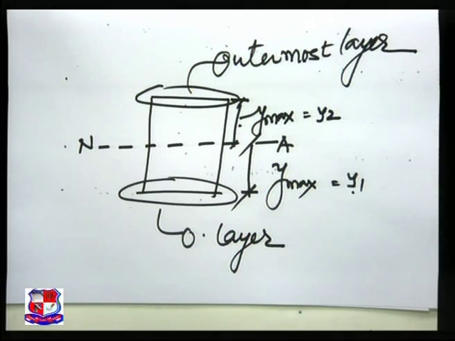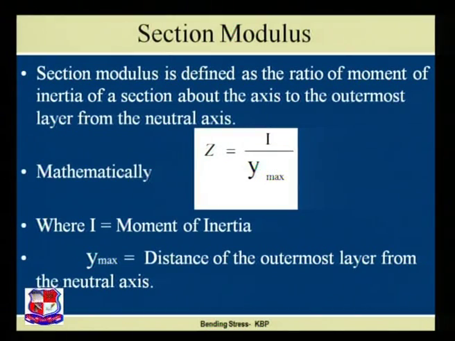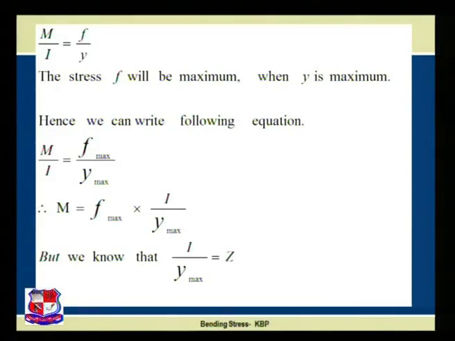Let us go ahead with the section modulus. So M over I is equal to f over y. It is the basic bending equation. The stress f will be maximum when y is maximum. Interesting noting point over here.